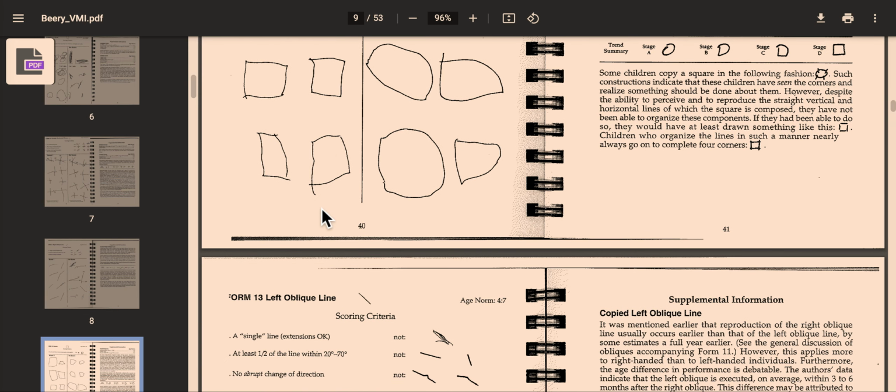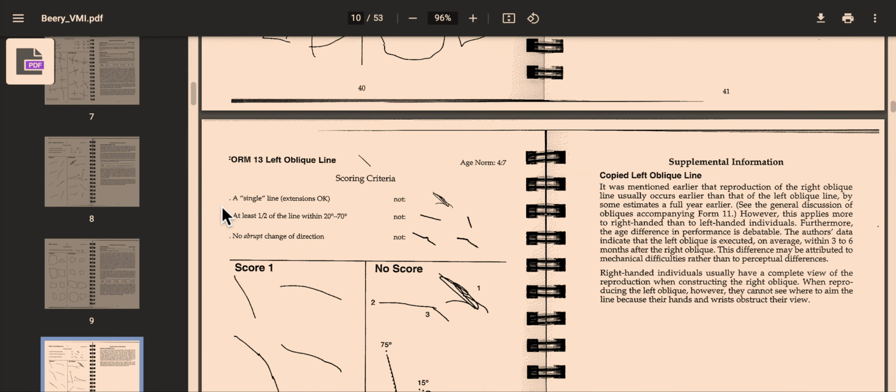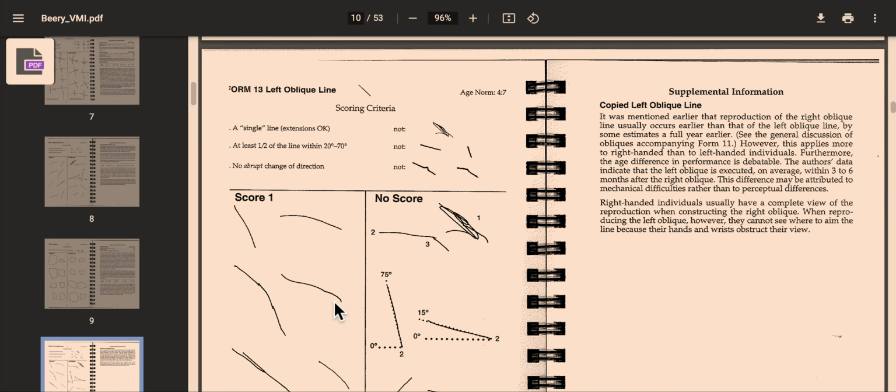So you're going to have to use your best judgment on each one. Is there a single line? Yes or no? Is it more than 1/2 inch within 20 to 70 degrees? You're going to have to look at those and determine, is it meeting that criteria? Yes or no?